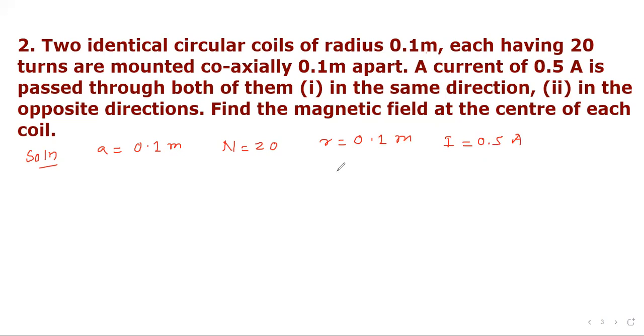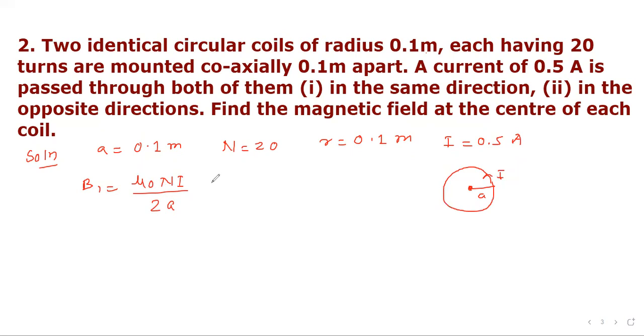Now, the magnetic field at the center of each coil due to its own current. So let's see, B1 will be equal to mu naught N I divided by 2A. Since we are considering the same coil and its radius is A and current is I, in that case the magnetic field at its center will be given by mu naught N I divided by 2A, where N is the number of turns.